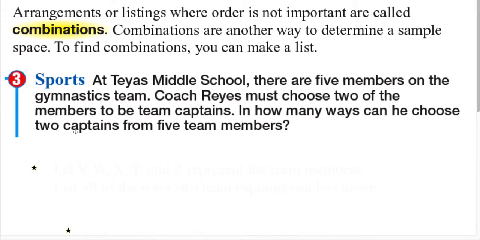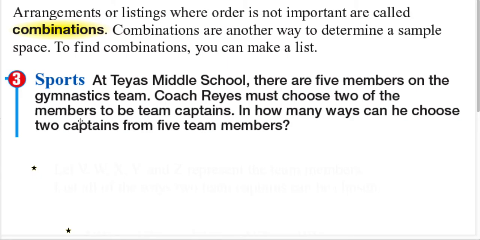Let's take a look at example number 3. At Tejas Middle School, there are 5 members on the gymnastics team. Coach Reyes must choose 2 of the members to be team captains. In how many ways can she choose 2 captains from 5 team members? Remember, it doesn't matter what order she chooses.